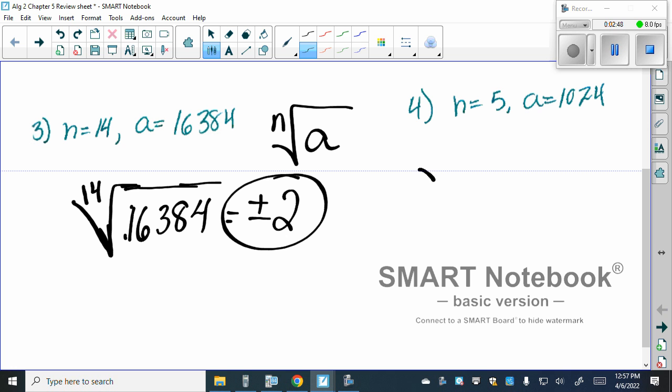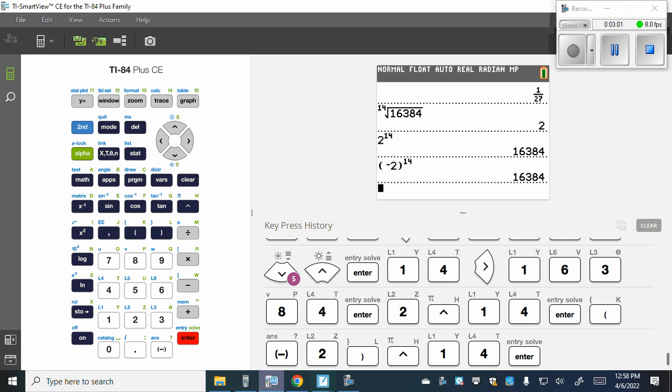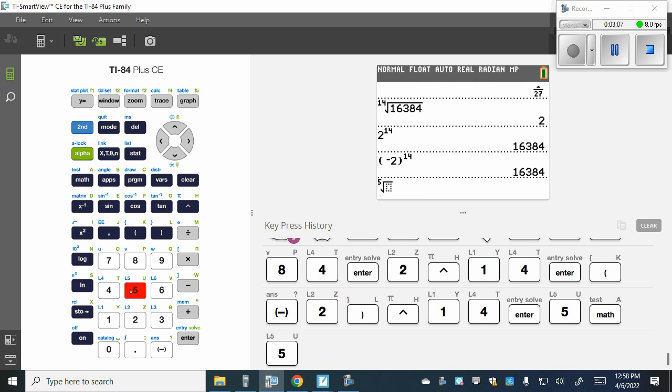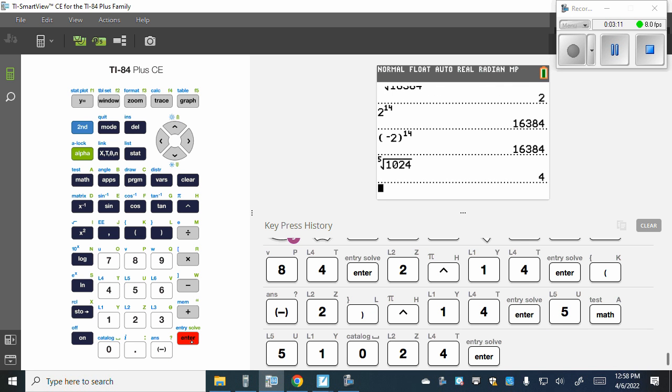Now for number 4, if I took the fifth root of 1,024, since it's an odd root, we don't have to add the plus or minus. So we can say 5, Math, fifth root of 1,024, and we get 4.